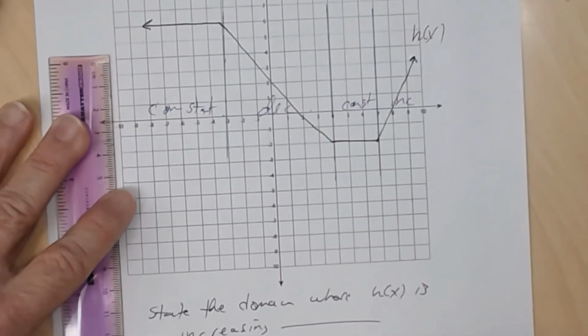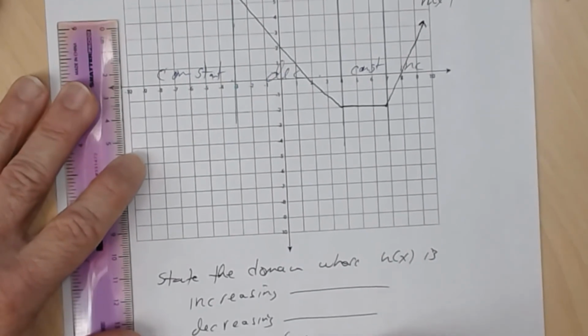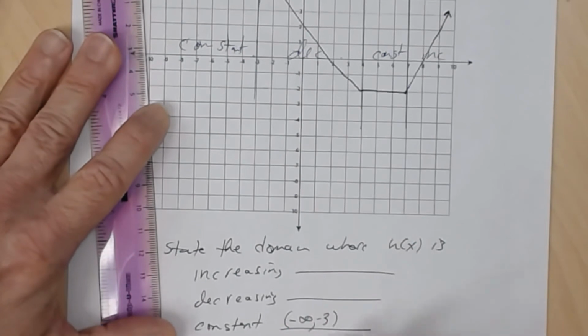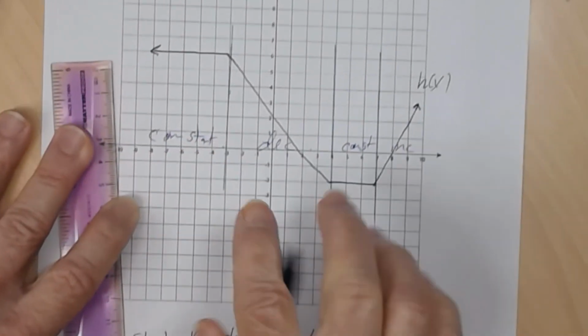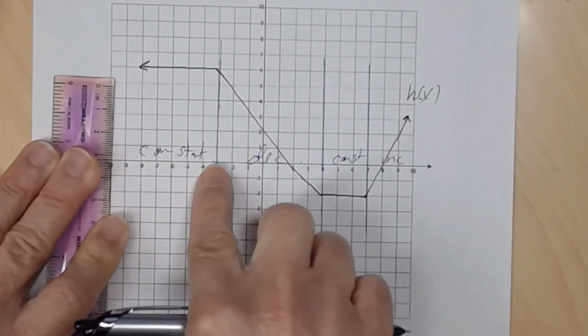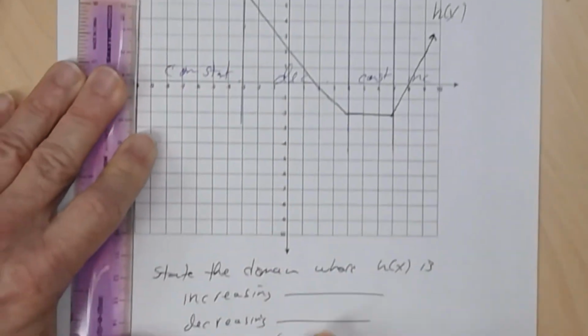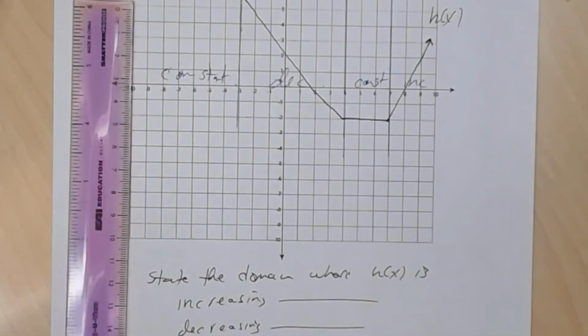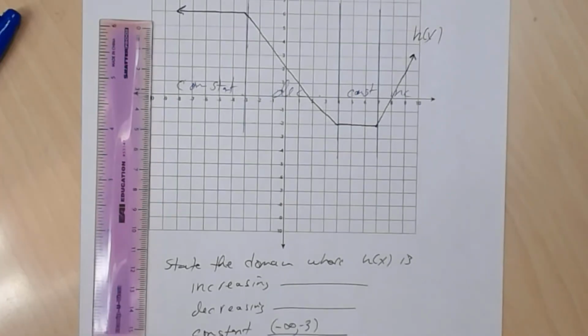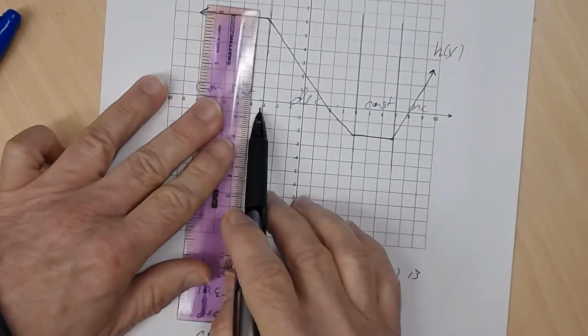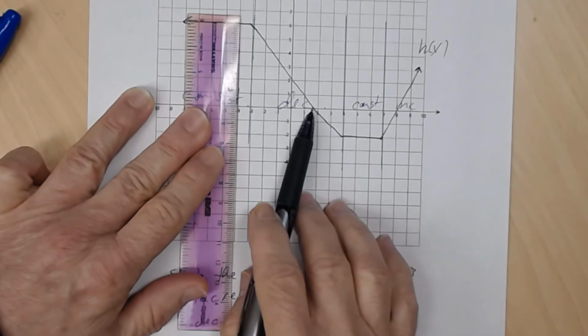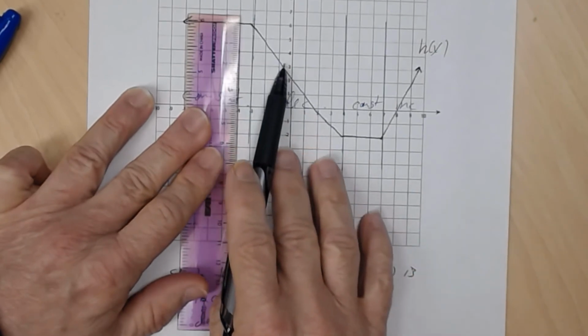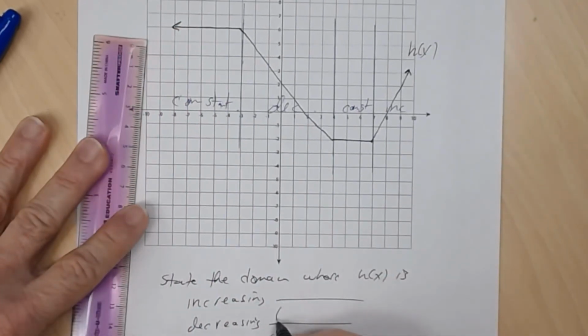All right, so it's constant from negative infinity to negative 3. In this open interval here, from negative infinity to negative 3, your y values are constant. And then from negative 3 all the way to positive 4, in that open interval, your y values decrease. So negative 3 to 4.